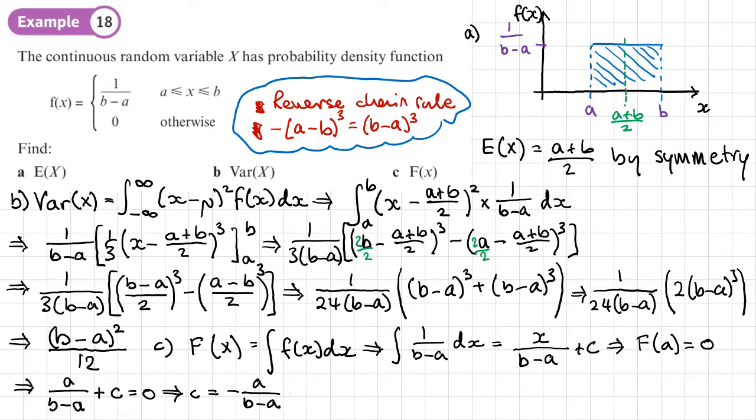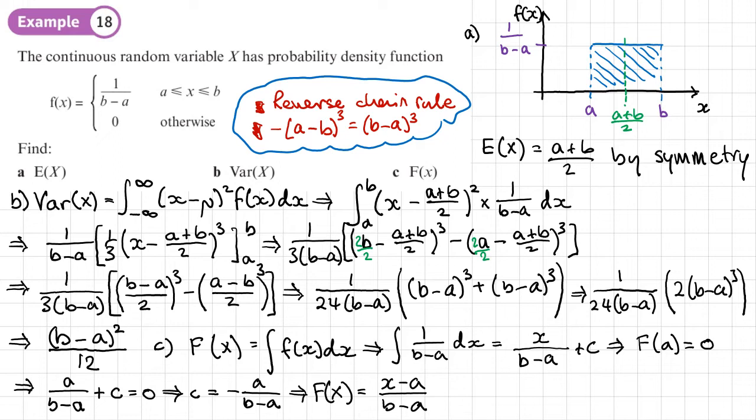So that means that the CDF f of x is going to equal this plus c. So in other words, this minus this. Since they're over the same denominator, I can write it as x minus a over b minus a.